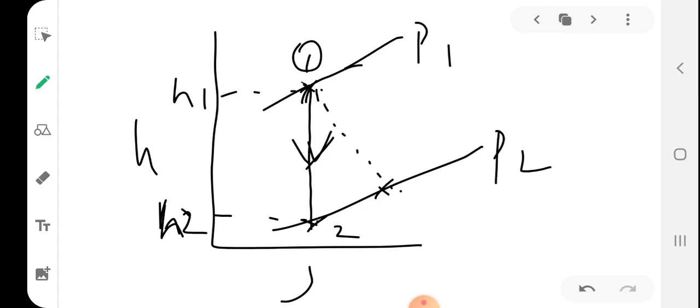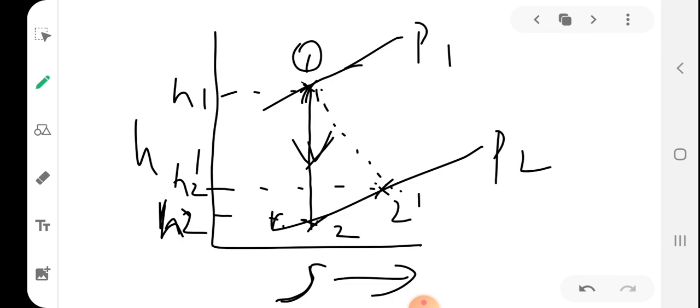It may not be isentropic in every sense. Due to some losses or irreversibility, it won't be isentropic. So this may be 2 dash, and corresponding to this is H2 dash. The velocity here is V2, and the velocity here is V2 dash.